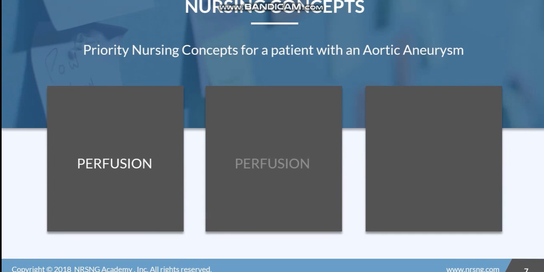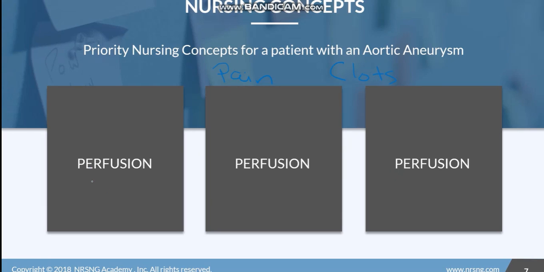So as with the other lessons, there's a care plan so you can see detailed nursing interventions and rationales. But here are the top nursing concepts for aortic aneurysms. Perfusion, perfusion, perfusion. No, seriously, this is a massive perfusion issue, and that has to be your top priority. Yes, they may have some pain, and so you can focus on comfort. They may also have clots or bleeding, so you could consider clotting.